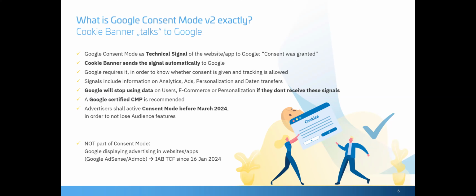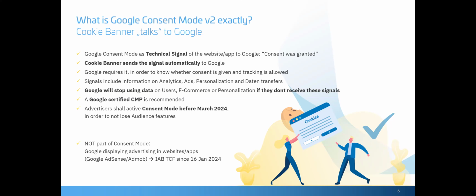Google is going to require this. We'll come to this a bit later, what requires actually means. But basically it will go in the direction that if you don't have it, you will not have tracking, you will not have personalization. So Google will stop using the data and not do anything with the data, even if they have the data, if they don't get these consent mode signals.